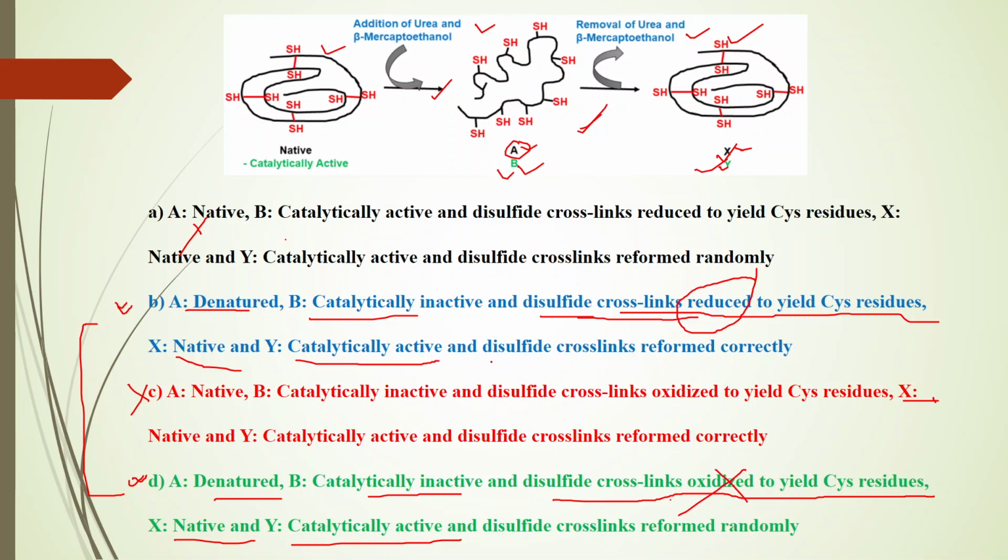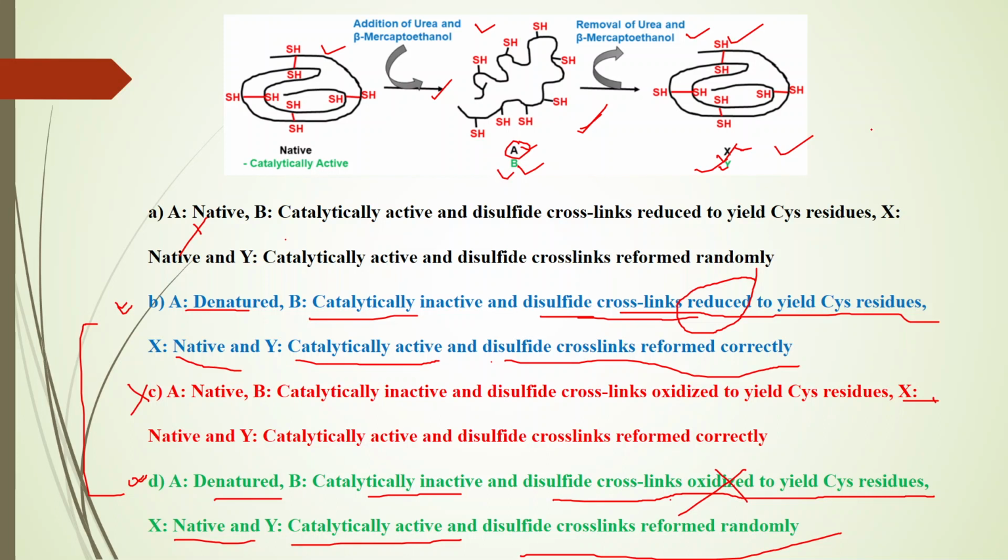The last portion says, in the fourth structure, that is X and Y, disulfide crosslinks are reformed correctly. Okay, so option B is saying, when the disulfide bonds are forming, they are formed correctly. In this case it is saying disulfide crosslinks reformed randomly. But you can already see from the pictorial representation that it is exactly matching the native structure.